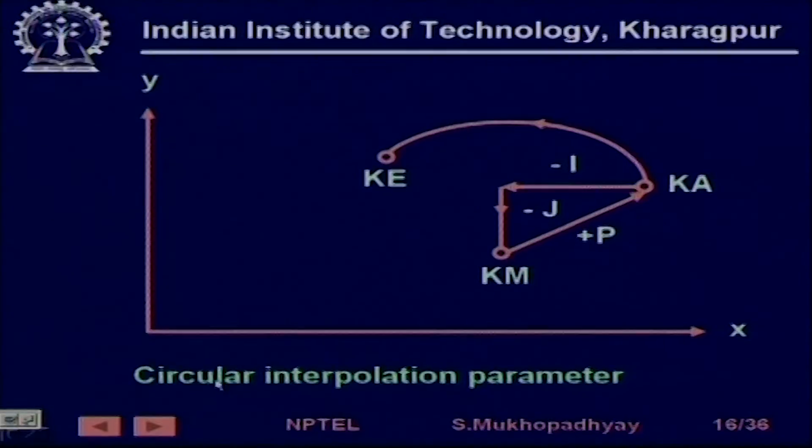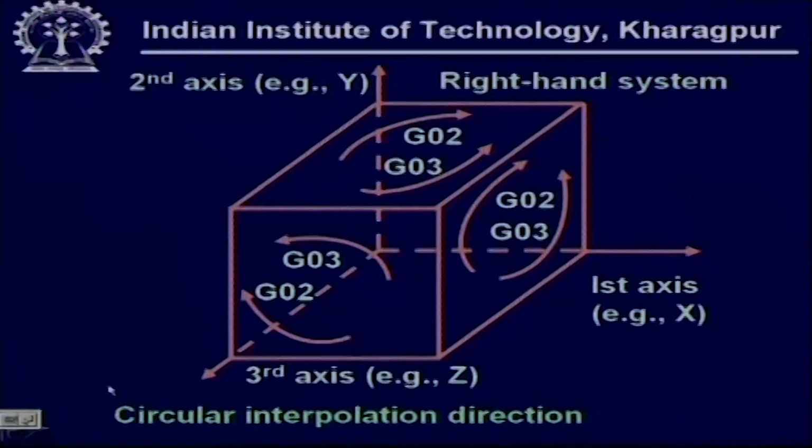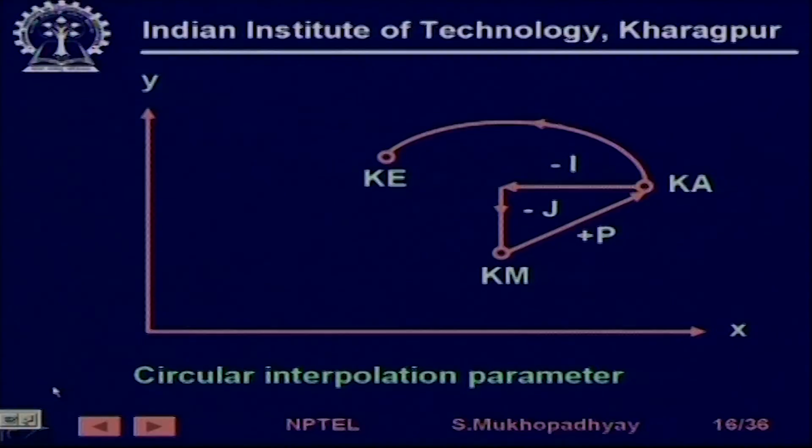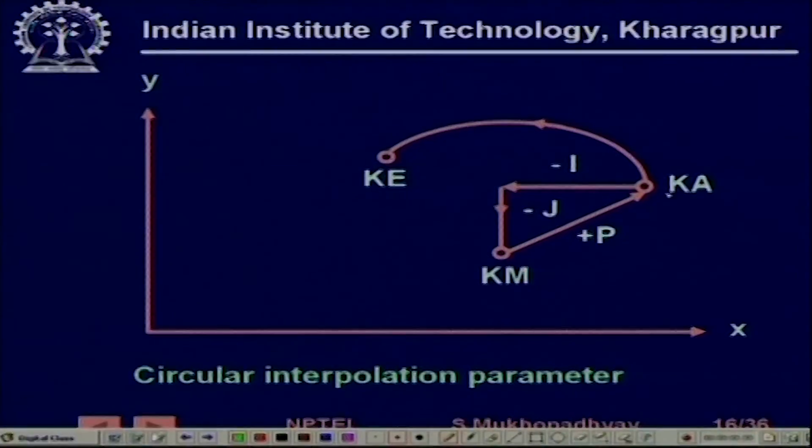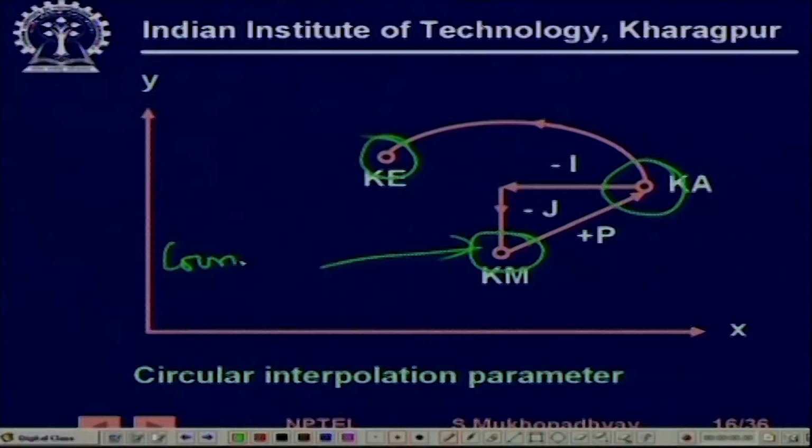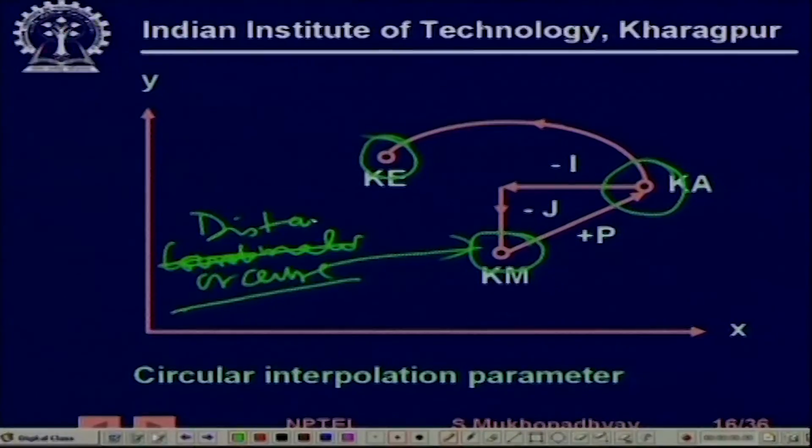Similarly, if you have circular interpolation, you have to give the start coordinate, the end coordinate, and since this is going to be a circular arc, you have to give the distance of the center from x and y.